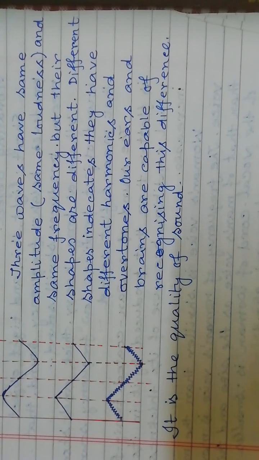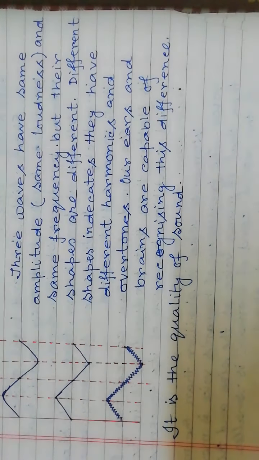That means the harmonics present in them are not the same. They have the same pitch, same loudness, but the harmonics present in them are different. As the harmonics are different, their qualities are different.